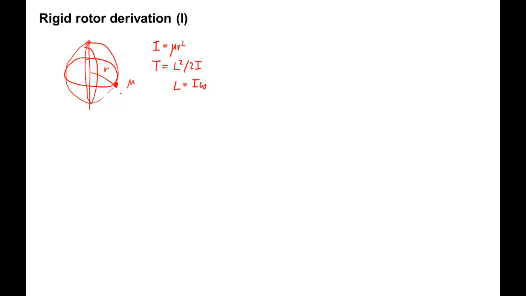Since this situation has spherical symmetry, it's most convenient to treat this problem in spherical coordinates, r, theta, and phi. Now, r is constant, so the particle has only 2 degrees of freedom, theta and phi. It can now move freely on the surface of the sphere with a constant radius r.